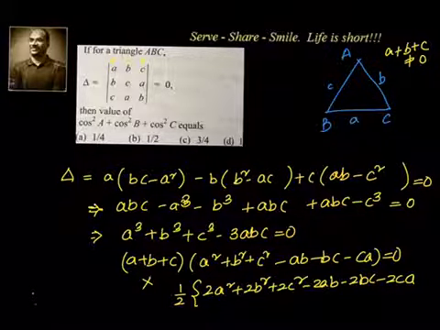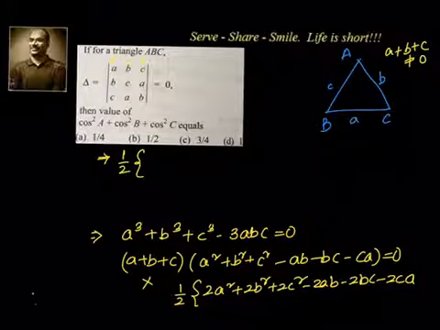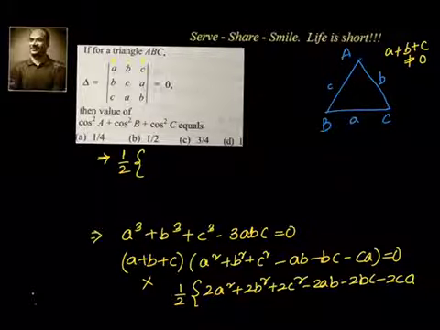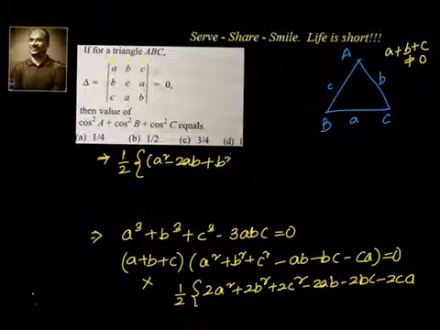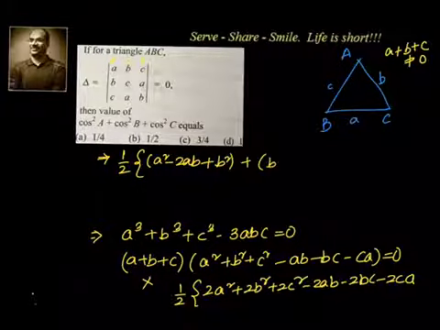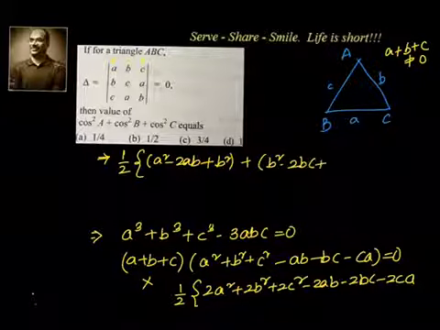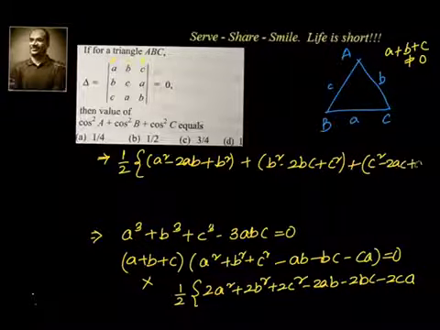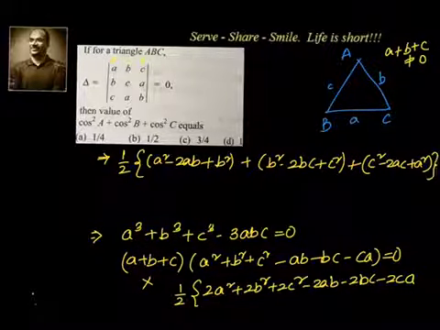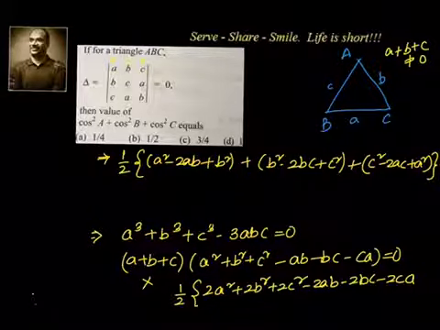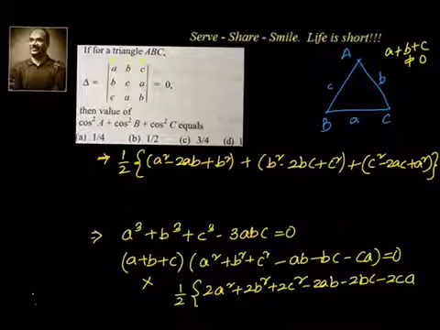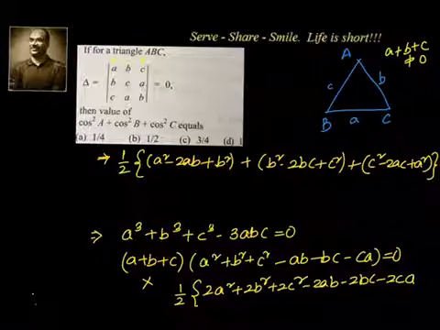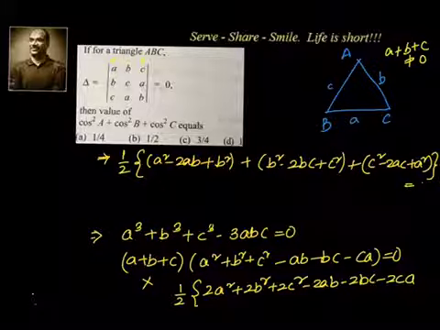Now that's equal to half into A square minus 2AB plus B square, then B square minus 2BC plus C square, plus C square minus 2AC plus A square. You can check that. We have 2A square, 2B square, 2C square, and everything is perfectly fine. But this is equal to 0.